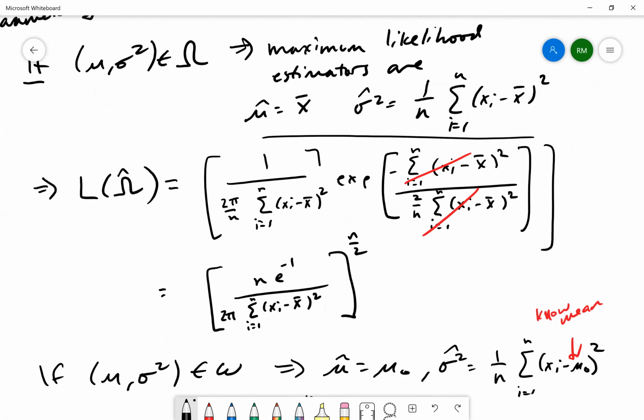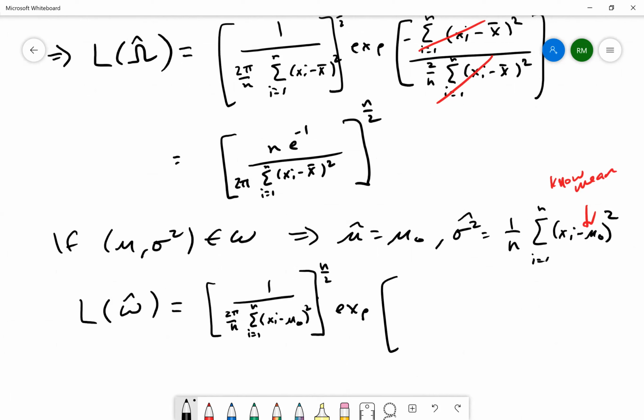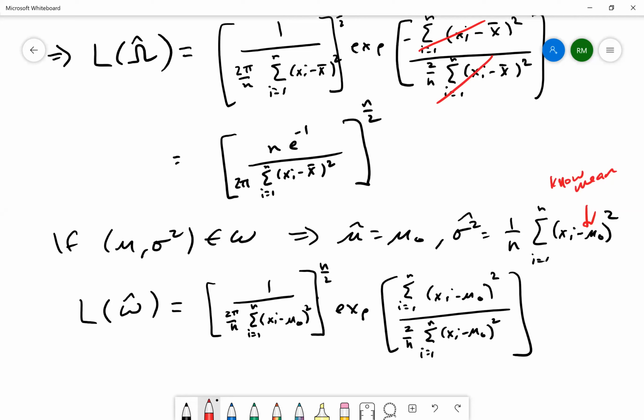I think I wrote this incorrectly before. That's an n over 2. There we go. And we get some similar calculations from before.